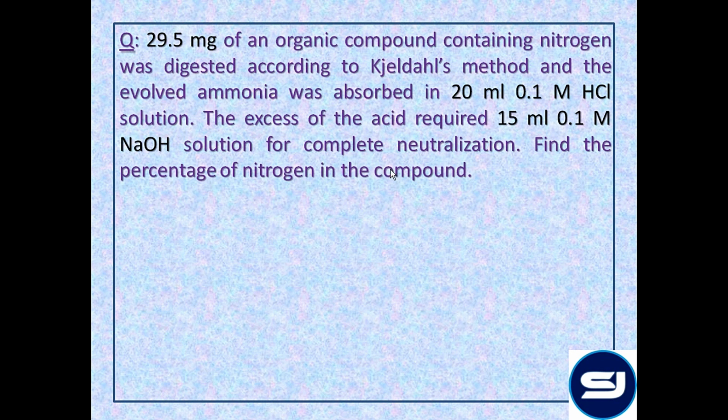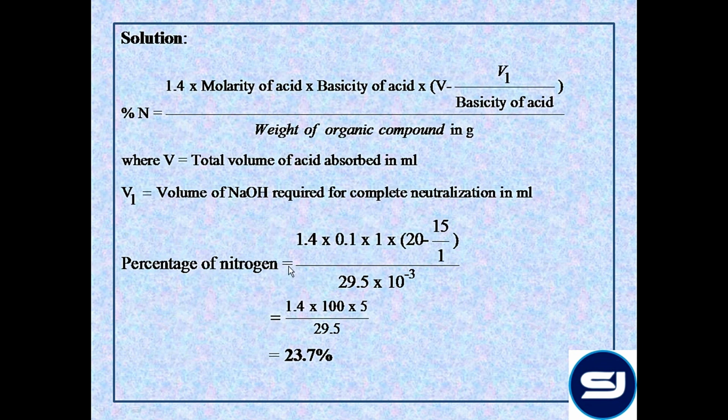So as per the shortcut formula, the difference in the volume would be 20 minus 15 upon 1. Why 1? Because now the acid in consideration is a monobasic hydrochloric acid and the rest of the solution remains the same. So now in the formula we'll substitute 1.4 into 0.1, which is the molarity of HCl, into 1, which is the basicity of HCl, into the difference 20 minus 15 by 1, and divide by 29.5 into 10 raised to minus 3, since milligram needs to be converted into grams.